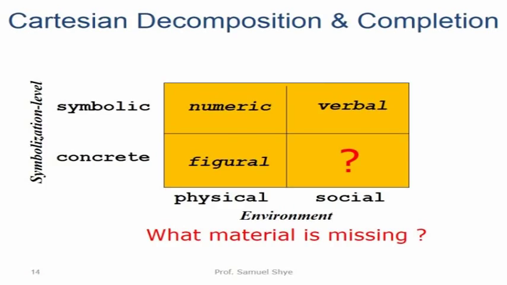If we do that, we find that numeric material may be considered as symbolization of the figural or the physical world of objects, shapes, etc. And the verbal material may be considered a symbolization of something else. What would be the missing subdomain in this case?